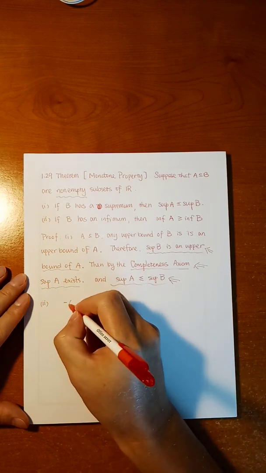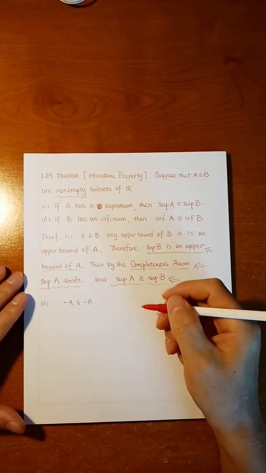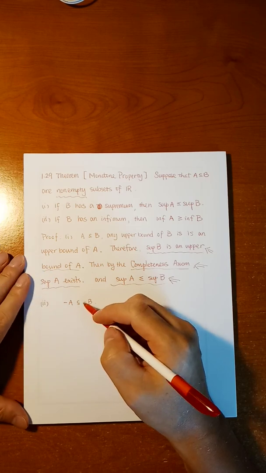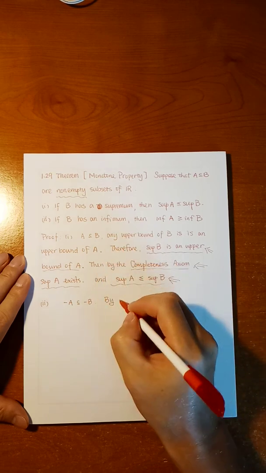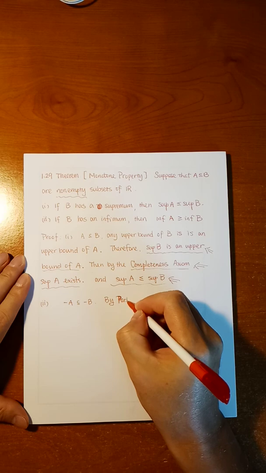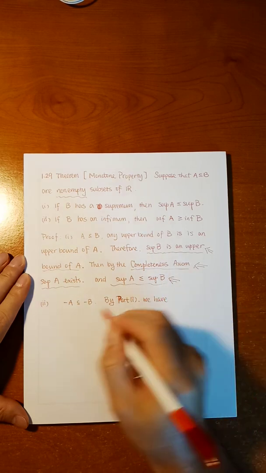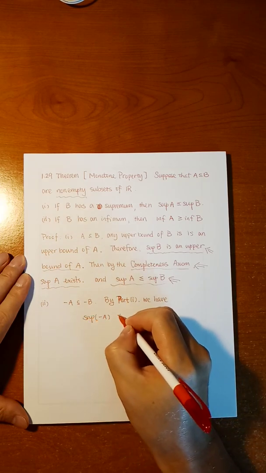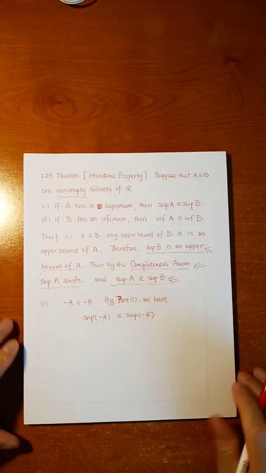We get the negative A as a subset of negative B. A is a subset of B, so the negative A is a subset of negative B. Then by part 1, we have the sup of negative A is less than or equal to the sup of negative B. Right?